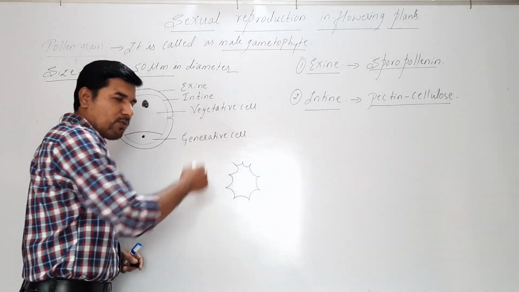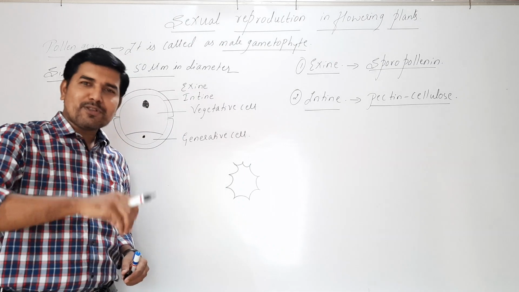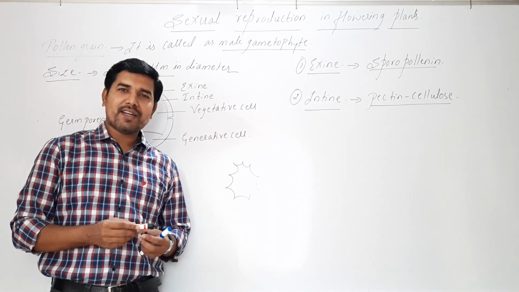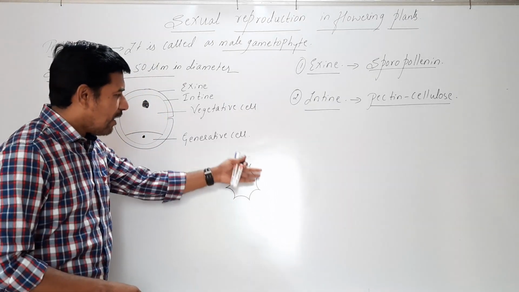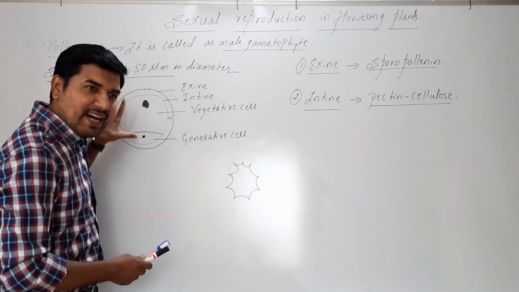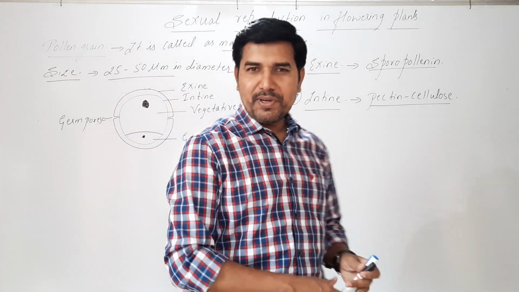It varies from one species to another. There might also be pits, where we call it a pitted exine layer of the pollen grain. So the outer part, the ornamentation, the arrangement, varies from species to species.